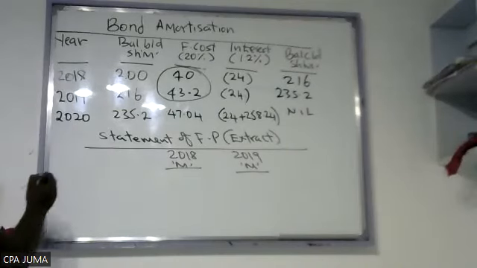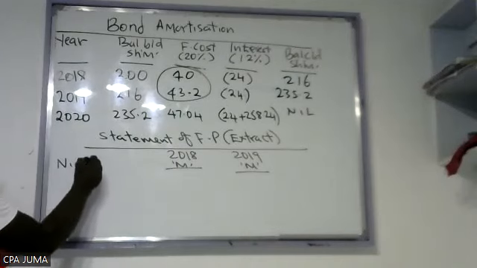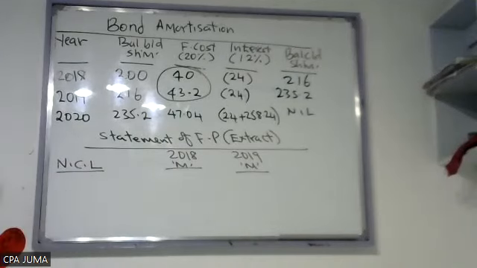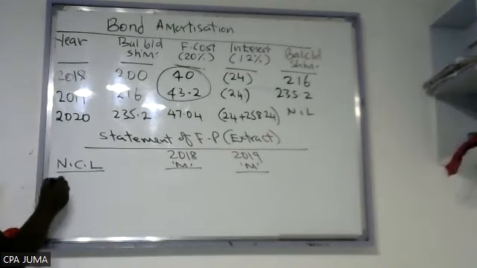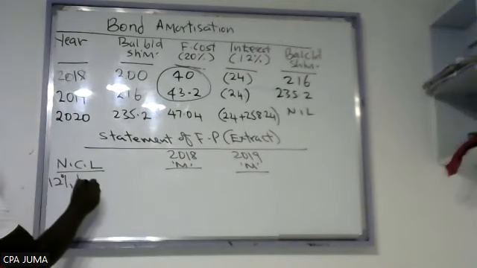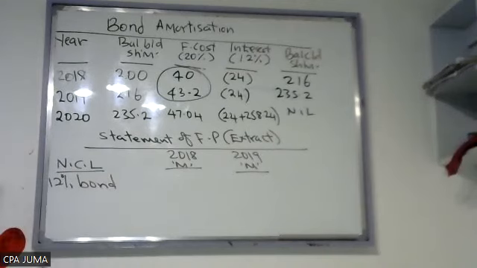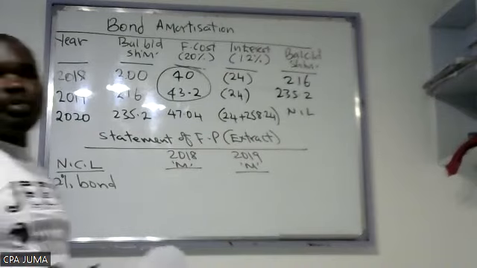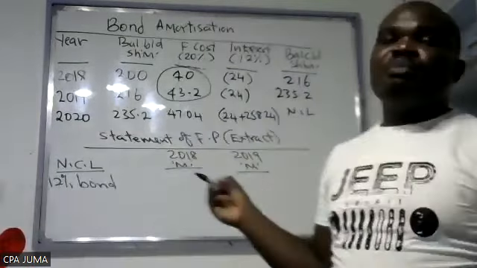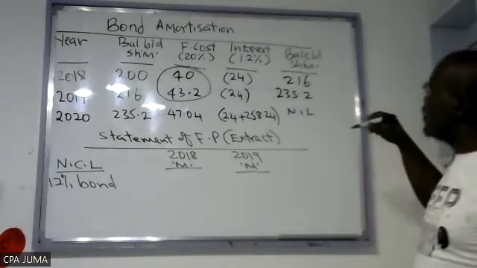So non-current liabilities. We had a 12% bond. For the balance sheet, you pick the values at the end. The balance sheet is prepared as at the end of the year.